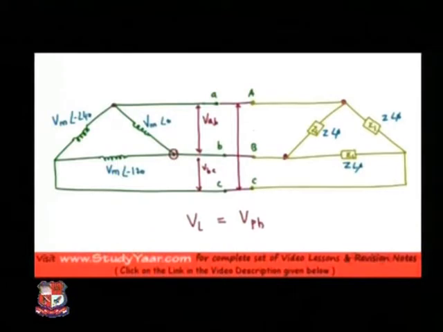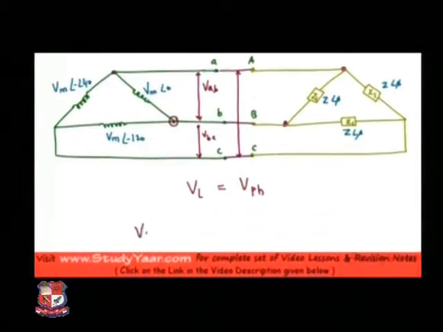So basically I can write that my VAB is equal to Vm angle 0, my VBC is equal to Vm angle minus 120, between this point and this point.